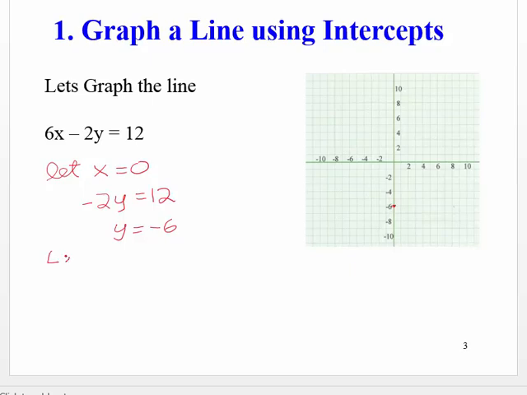Now if we let y be equal to 0, plugging in 0 for y here, we get 6x is equal to 12. Dividing by 6, x is equal to 2.